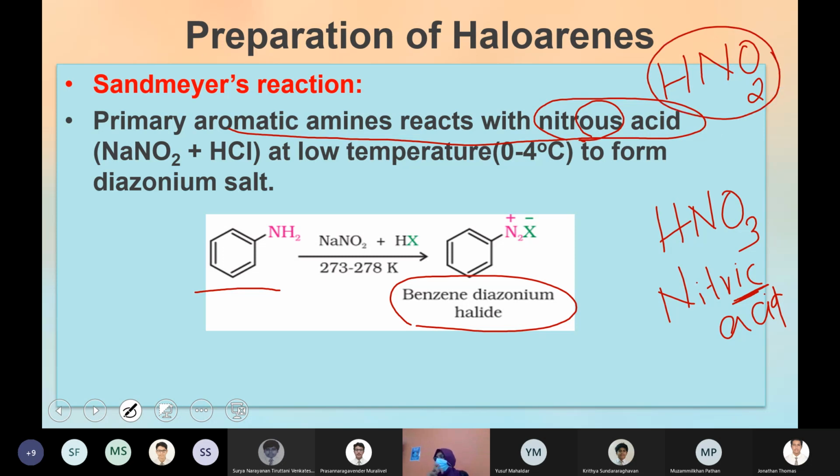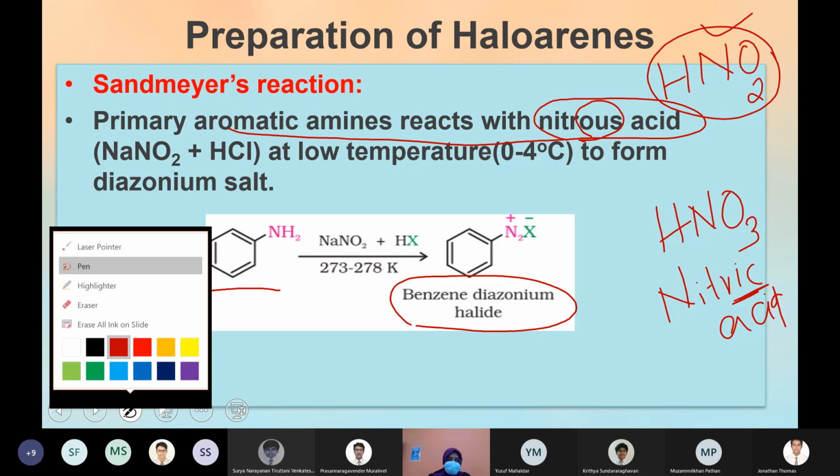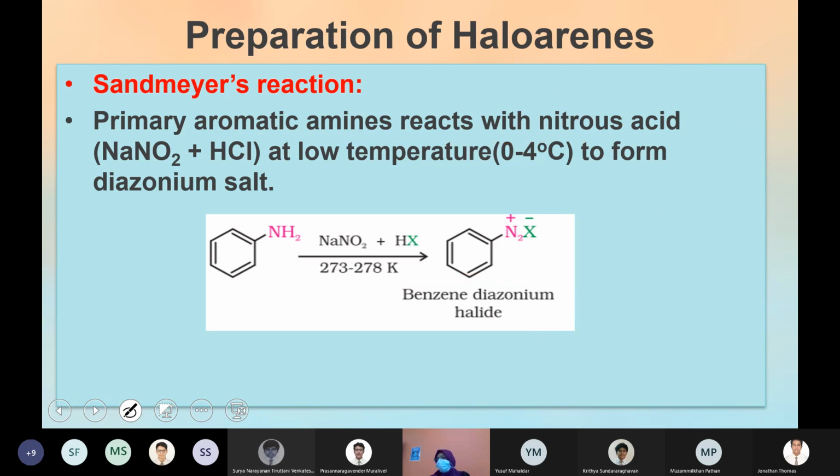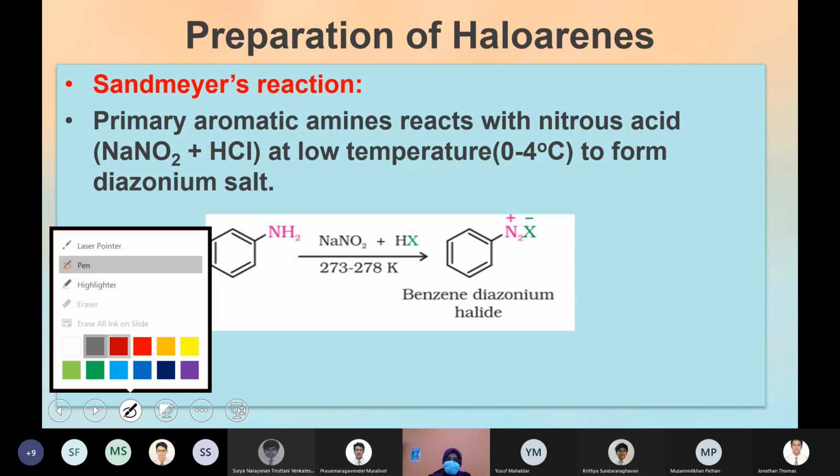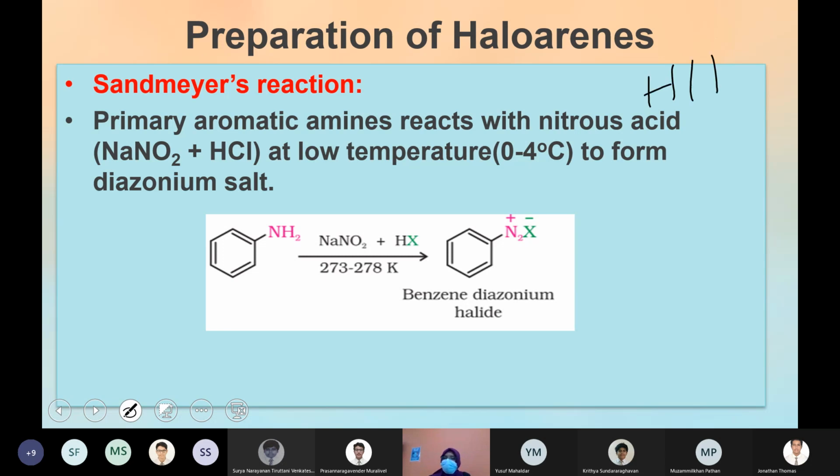But the problem with nitrous acid, HNO2, is that it is highly unstable. That means you cannot prepare it and store it in a bottle. So you have to prepare HNO2 inside the reaction mixture, in the test tube, beaker or conical flask where you are doing the reaction.